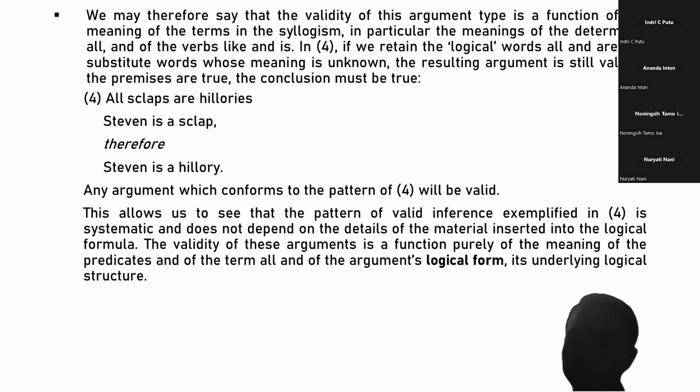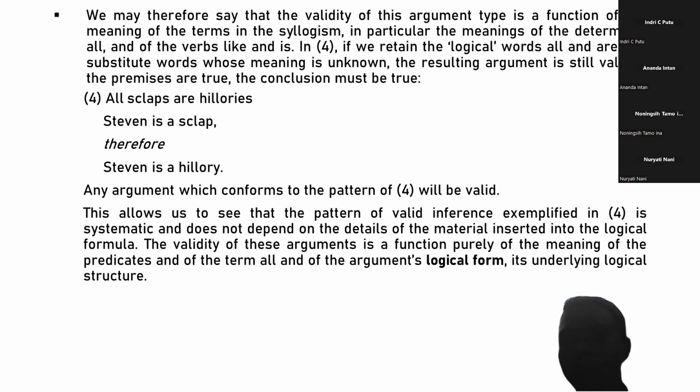So here, the conclusion is made by adding one component from the second premise, "Stephen is", and then one component from the first premise, "Hillary".